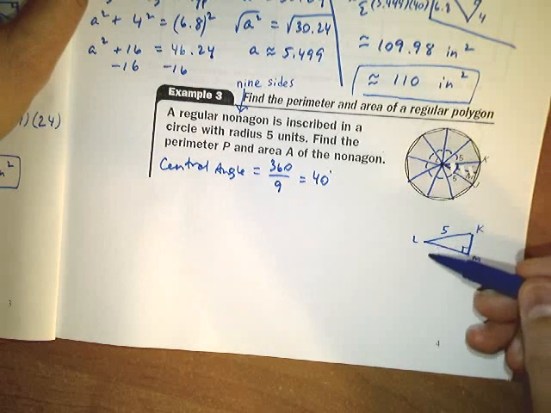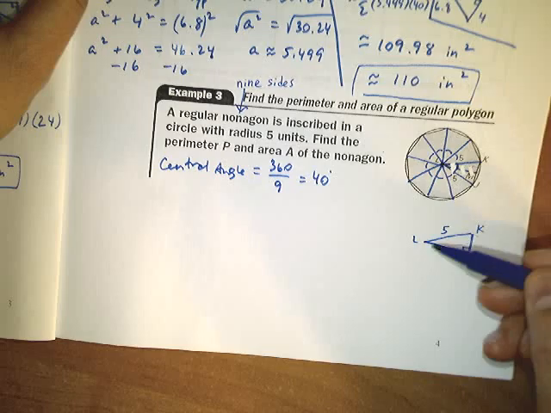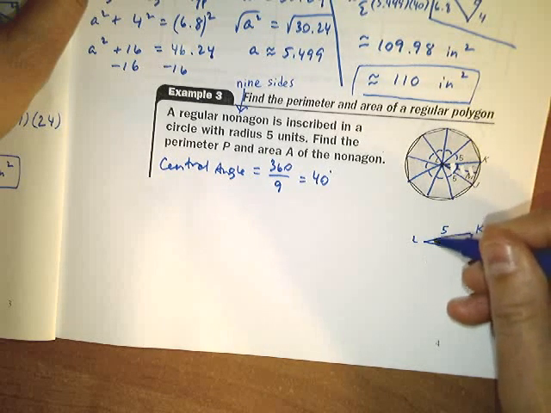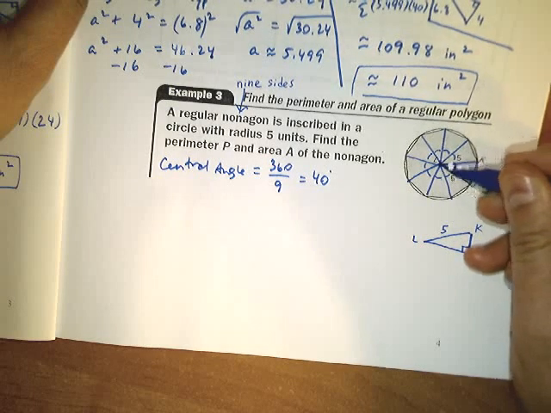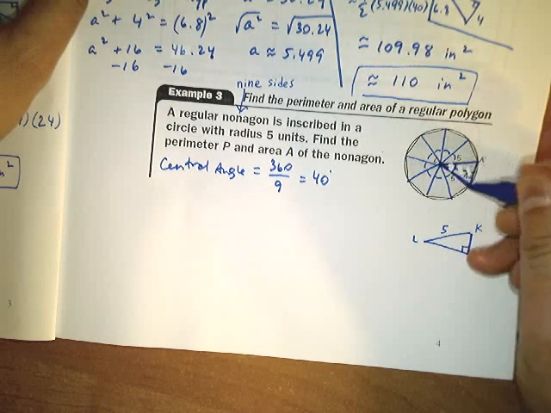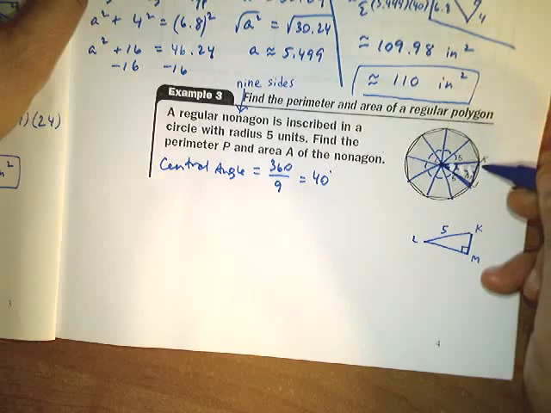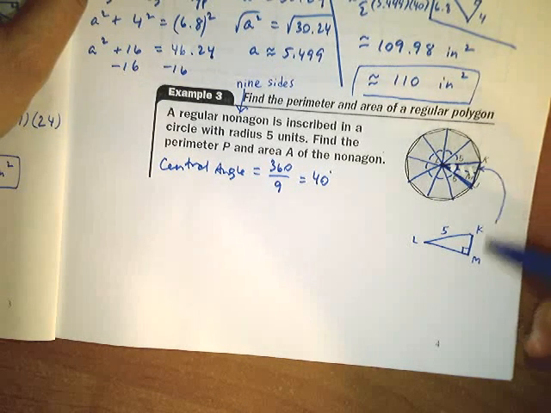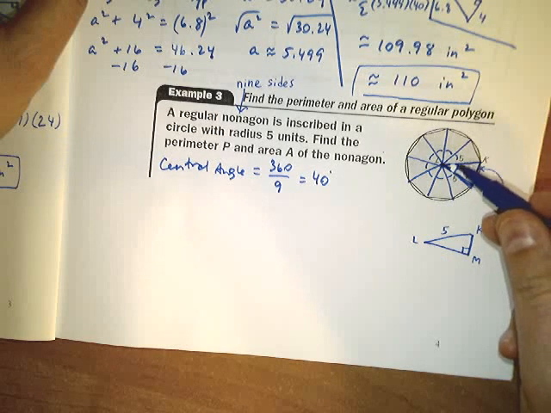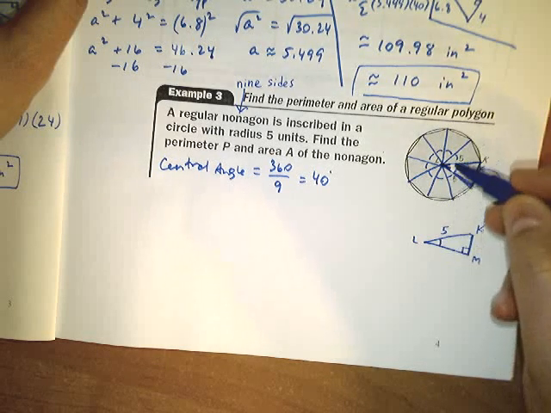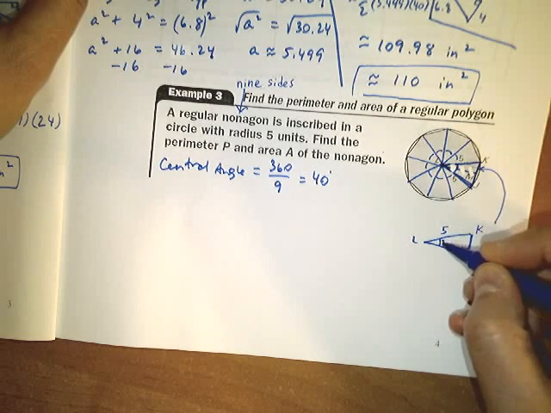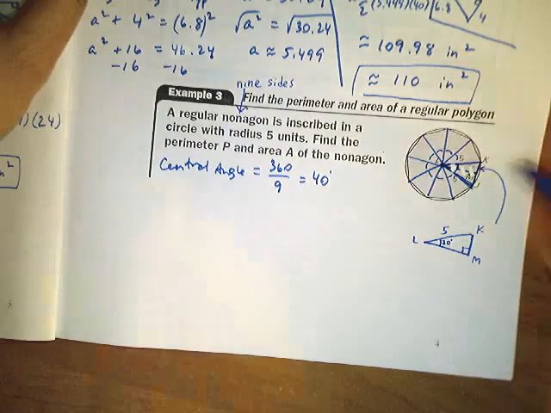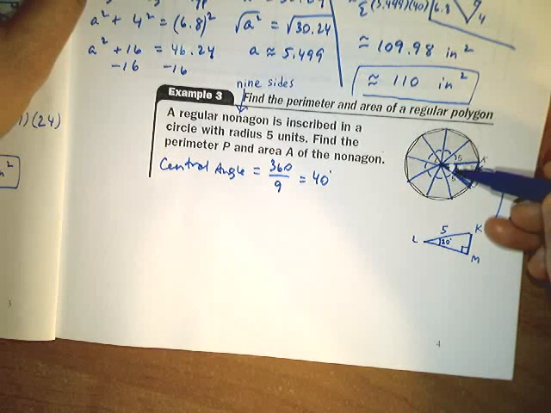Well, that would be the distance across the whole triangle, but this is just half of it. So if the full distance is 40 here, this is my triangle, the full one, and we're just taking the top half of this triangle, right? That means that this corner up here would be half of the central angle, which would be 20 degrees. Half of 40 is 20, right? This is 20 and that's 20.